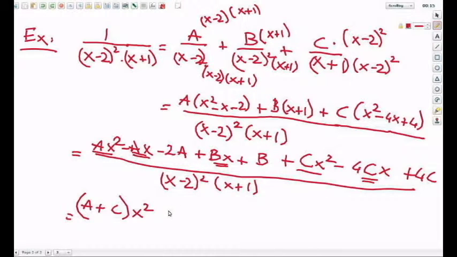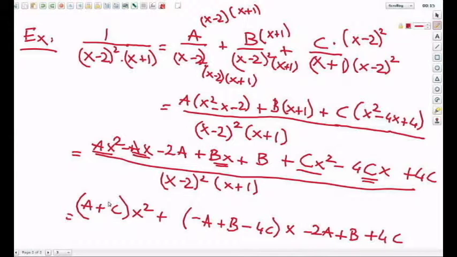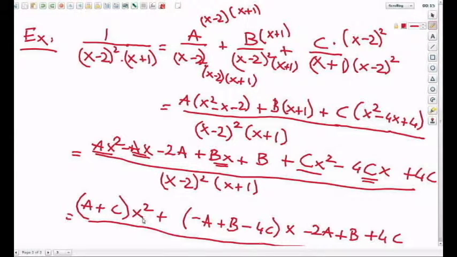There's 3 of those, and I'm going to factor out the x from those 3 terms, and I end up with minus a plus b minus 4c times x. Then I have to account for all the constants, which are minus 2a plus b plus 4c. And this is still divided by our standard denominator, x minus 2 quantity squared times x plus 1.